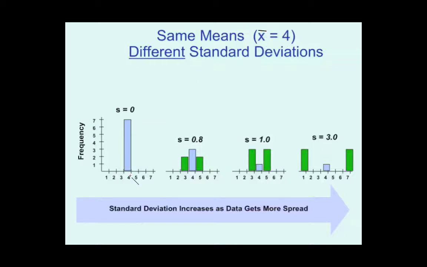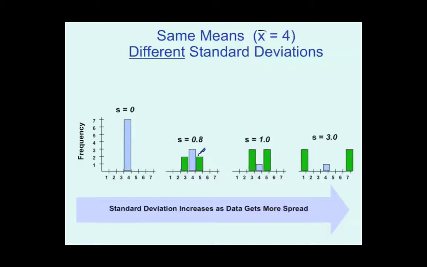So x bar is 4 for the first one, the second one, the third one, and the fourth one. But notice at first, every one of the data points, with a frequency of 7, was equal to 4. So if every data point was equal to 4, then the mean would be equal to 4 and the standard deviation would be 0 because the average distance away from the mean is 0.